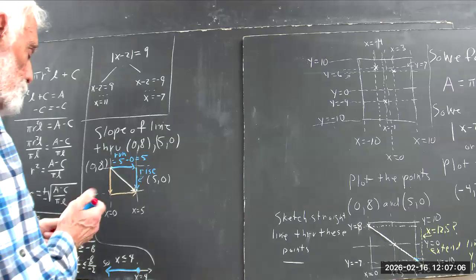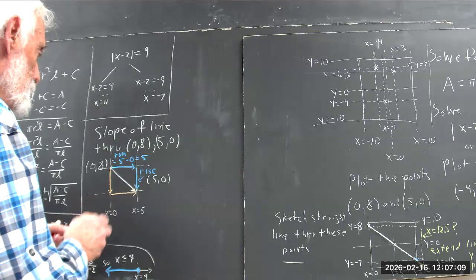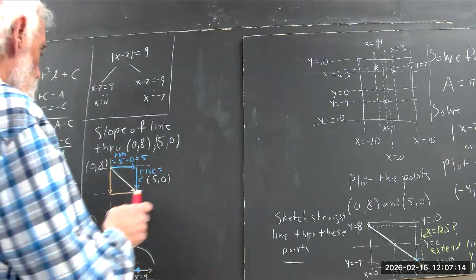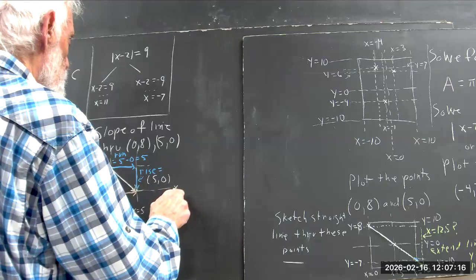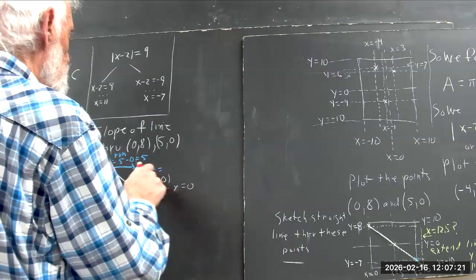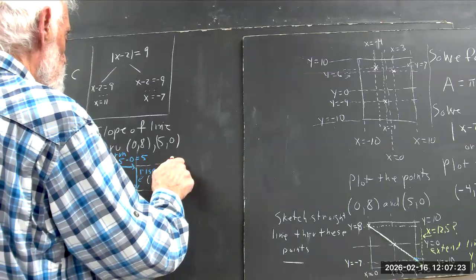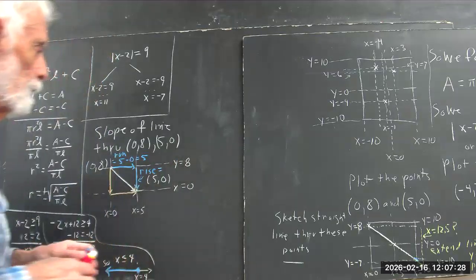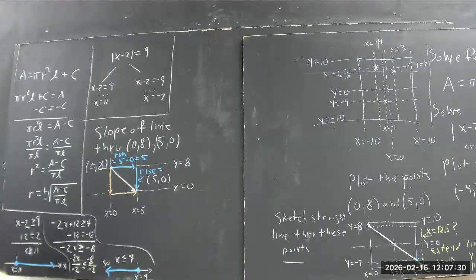And now rise is what? Well, the second point is at the y equals 0 line. First point is at the y equals 8 line. So how far is it? It's 8 units, but it's going to be -8 because it's going down.